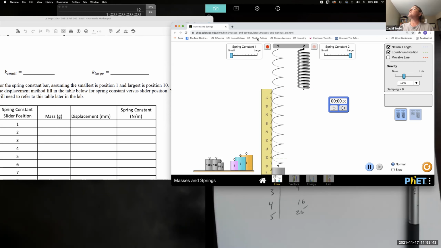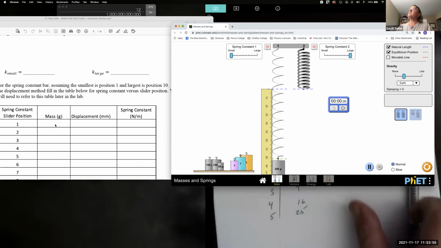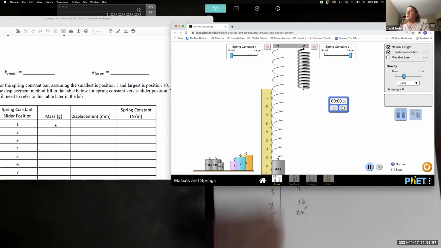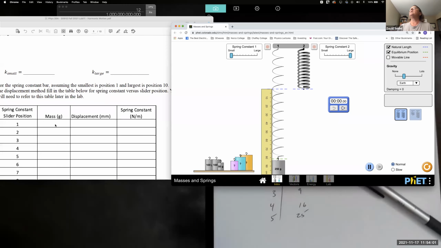So if I put this one on and stop it, at position 1 I have a mass of 250 grams.